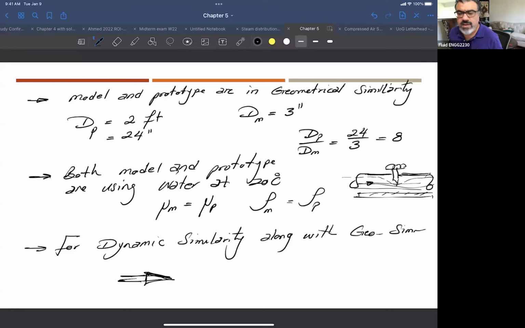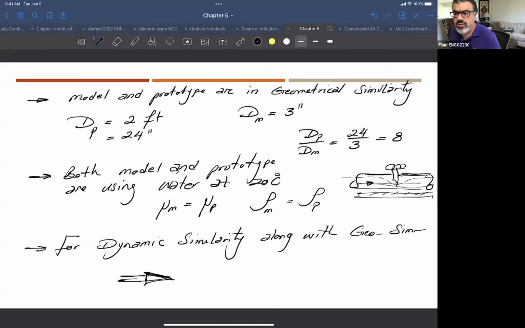A geometrical similarity and dynamic forces, yes, okay. But you know the problem now, we know that these forces will be similar for dynamic, but in order to represent this in a measuring parameter, because we don't know what forces we're talking about here, right? I don't want to make the problems very complex, right?